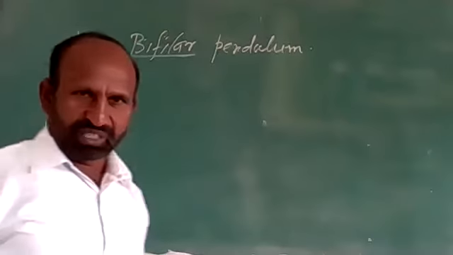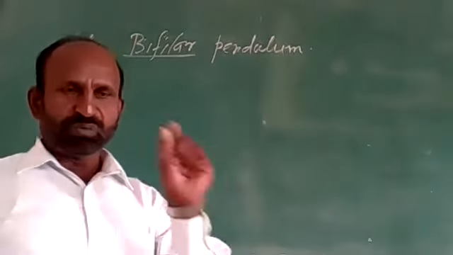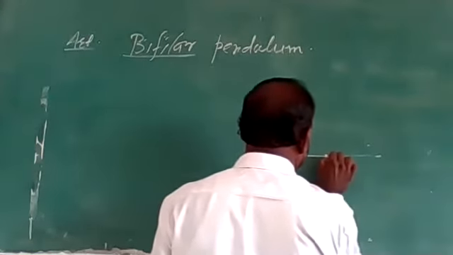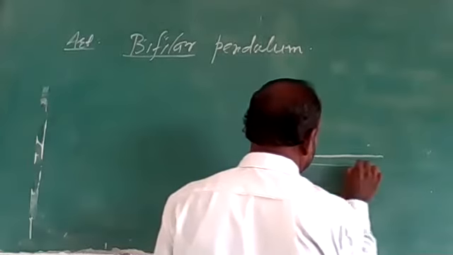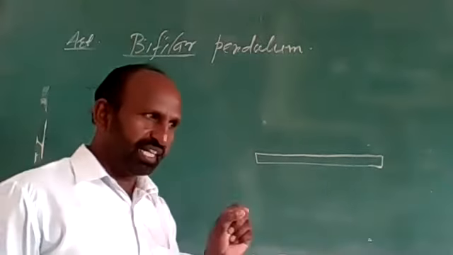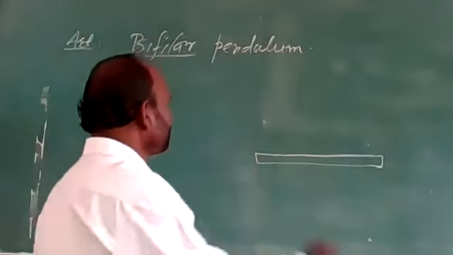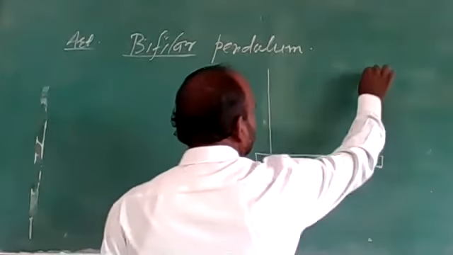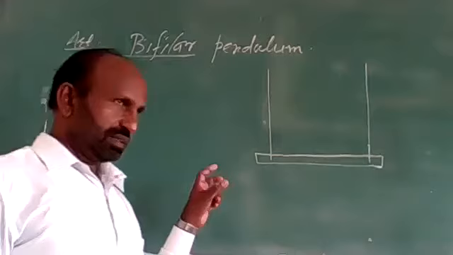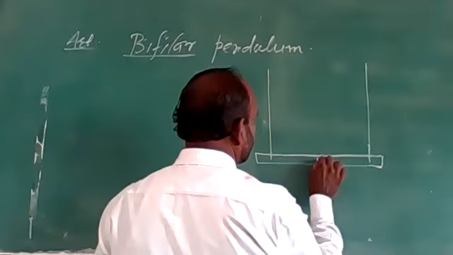So, how is this bifilar pendulum defined? A bifilar pendulum is defined as when a uniform metal bar is suspended horizontally by two identical, parallel threads, which are equidistant from the center.